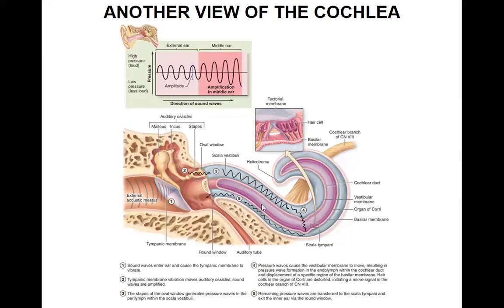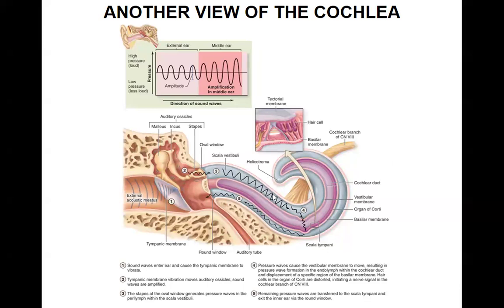The middle one is the scala media or the cochlear duct. They are drawn like this here in two dimensions, but they really go up to the top region, which is the helicotrema. At the helicotrema, the scala vestibuli and scala tympani fuse with each other.